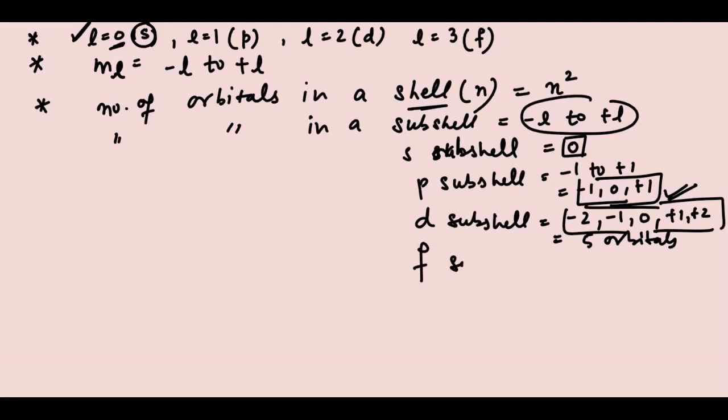Similarly, in the f subshell, the value will lie from minus 3 to plus 3. When you count all the numbers, you will be getting 7. So in the f subshell, you are having 7 orbitals. This is something important to remember. Now we will do one question based on this quantum number so that you can check your understanding.